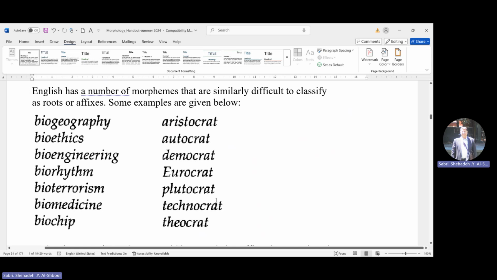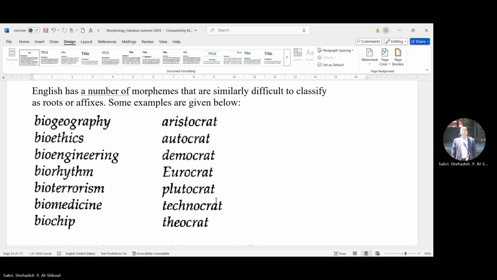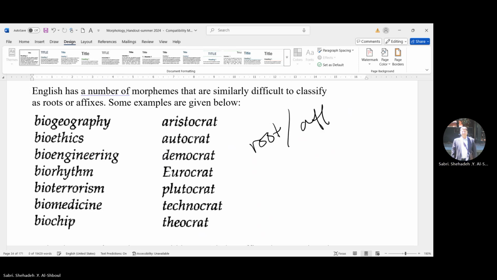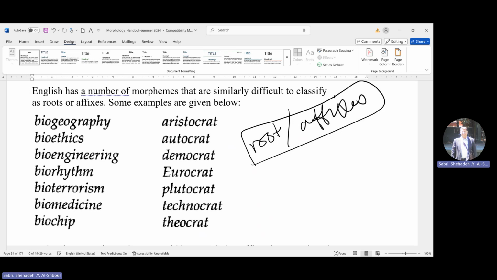English here has a kind of problematic type of morphemes, slash roots. So here we call them roots or affixes. Actually, it is a problematic issue of what to call them.